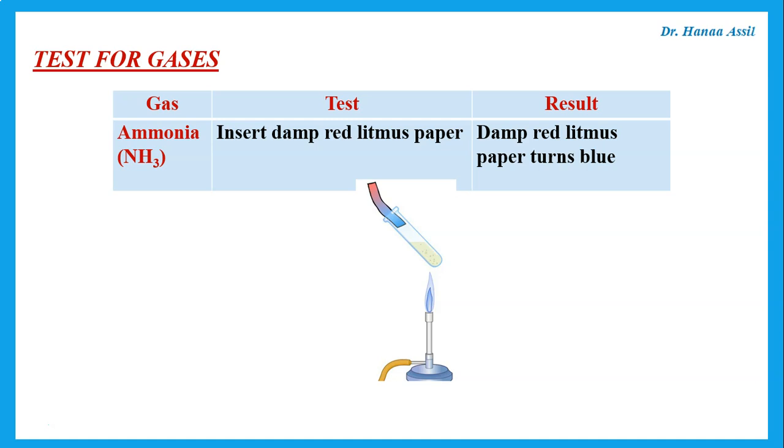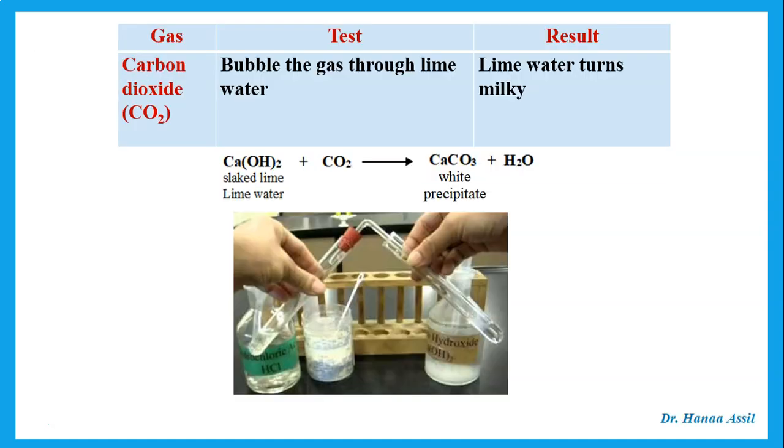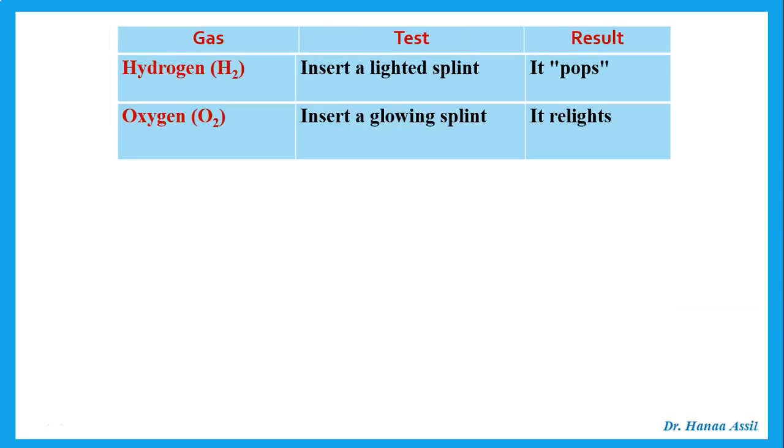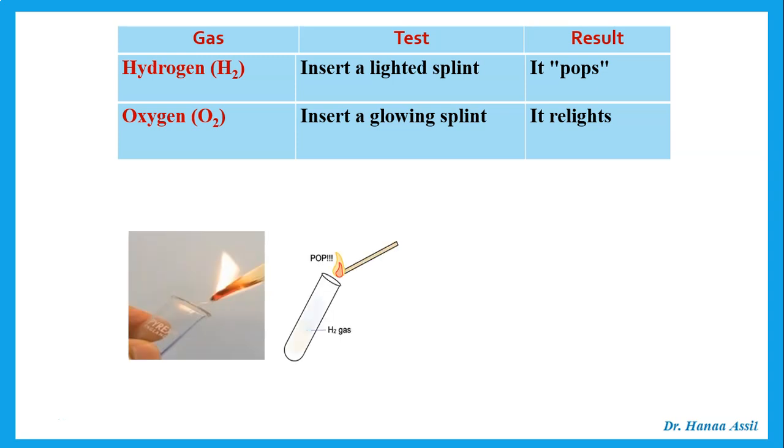Remember, tests for gases: ammonia turns damp red litmus paper to blue. Carbon dioxide turns lime water milky. Chlorine bleaches litmus paper. Now hydrogen and oxygen, please remember which one uses lighted and which one uses glowing.